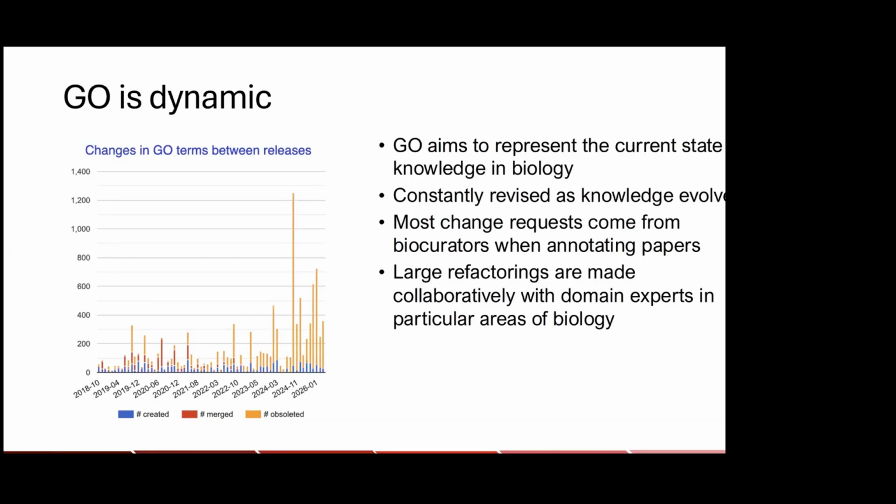One is top down: we notice an area that needs to be updated. Or bottom up: many people request terms because they're trying to annotate a specific paper, or they notice a concept is missing, or they are confused because two concepts look really similar, and then we try to untangle and decide if we should keep a single term or have two terms.